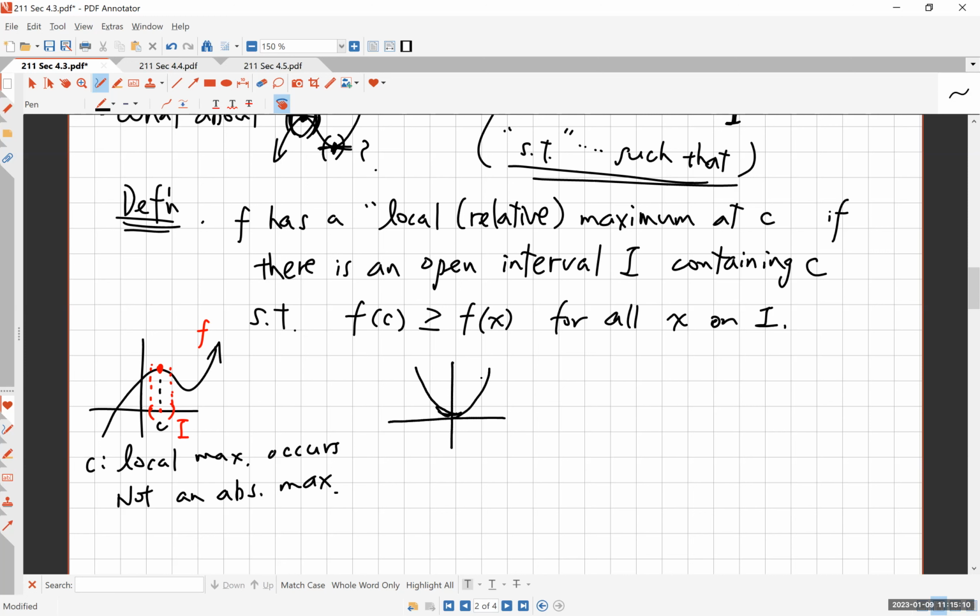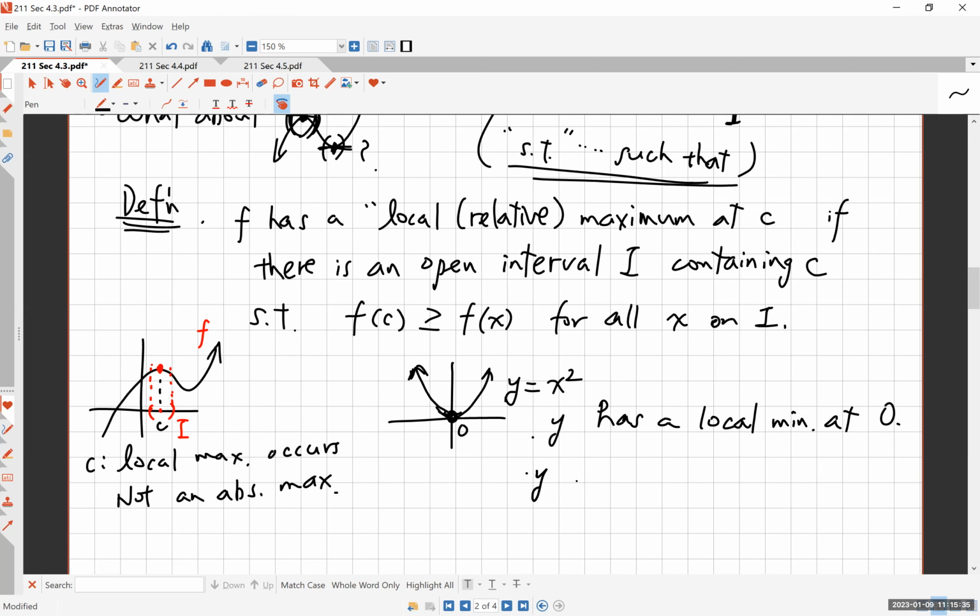If you have y equal to x squared, this point is 0. So you can say y has a local minimum, which is 0 at 0. Or can I say that? Can I say that y has a local minimum at 0?